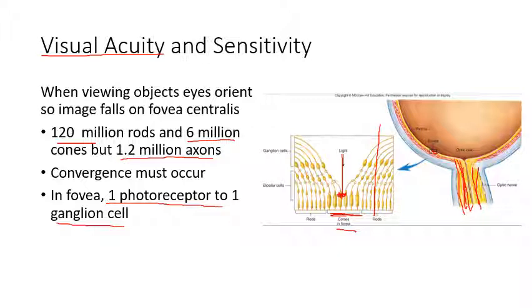And therefore, just like that tactile example where we had high density receptors and were able to distinguish 2 points, here in the fovea we're able to distinguish between 2 forms of light energy much more readily because of this setup with low convergence and the parting to allow the light to come in.